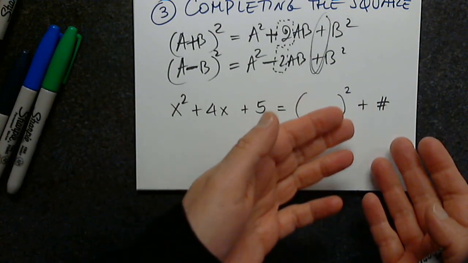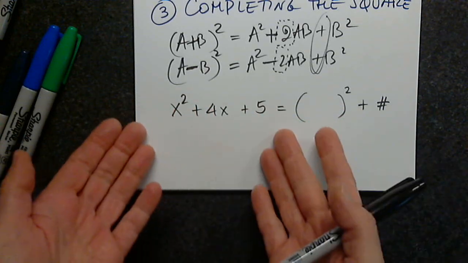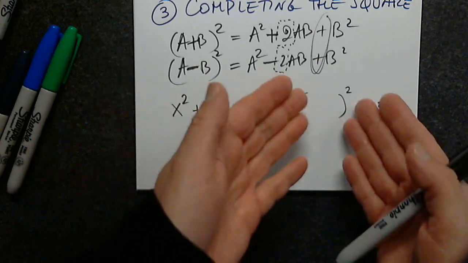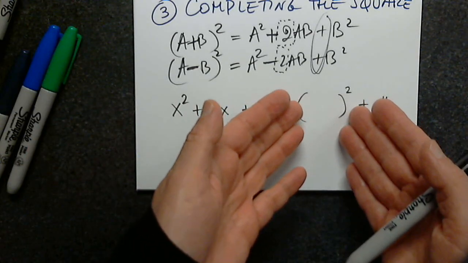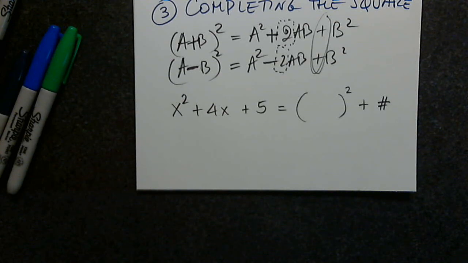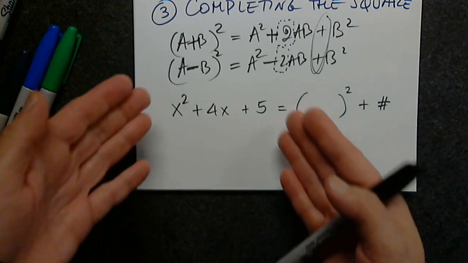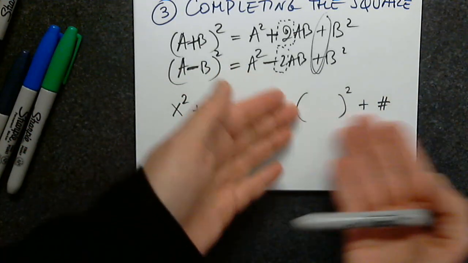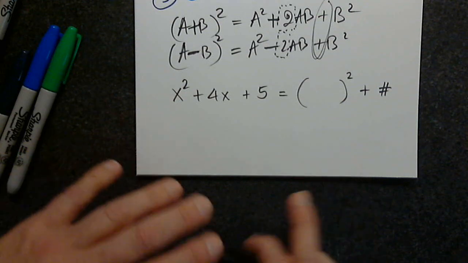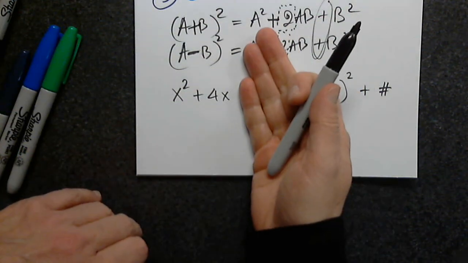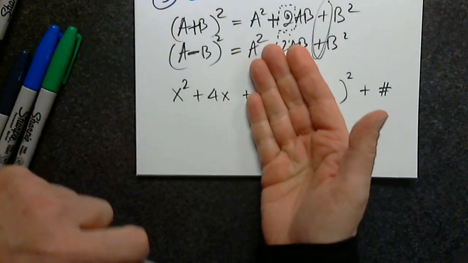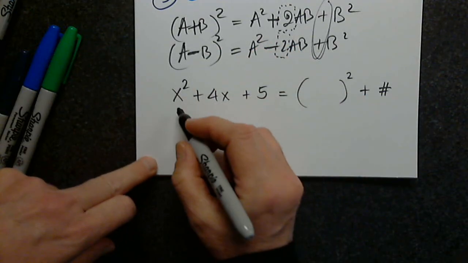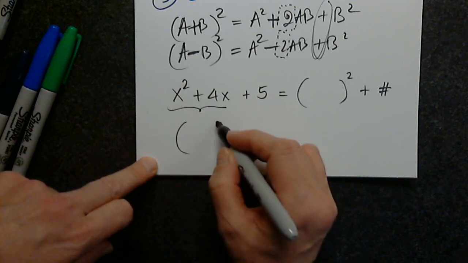Of course, it's going to be a specific number in this case. This will not work for any number, and it will not work for any binomial, right? So I'm interested in showing you that this expression can be written like this. And what does this mean? In a moment, you'll see. So I'm looking only at x squared plus 4x. And I will say, well, these two terms come from a binomial squared.